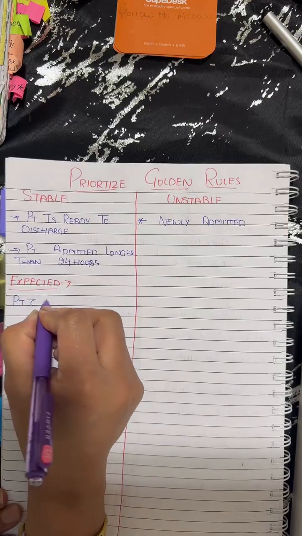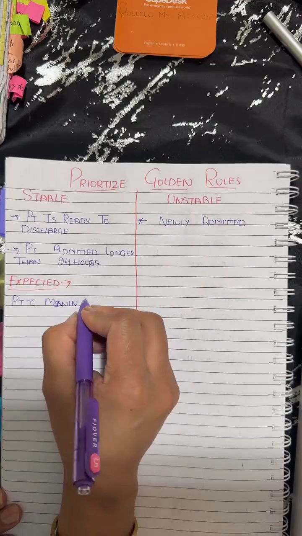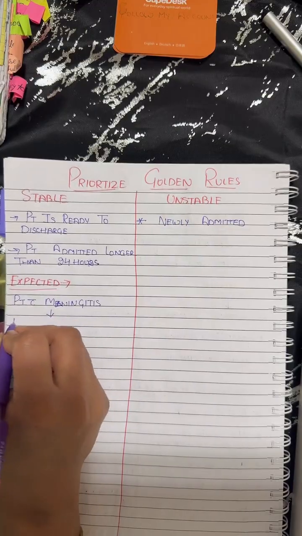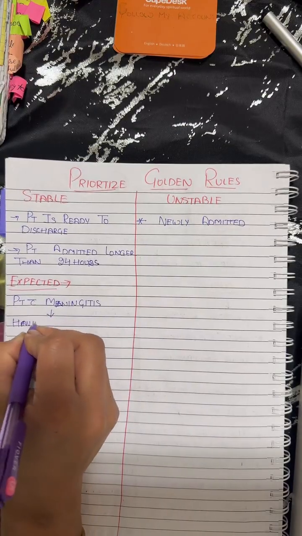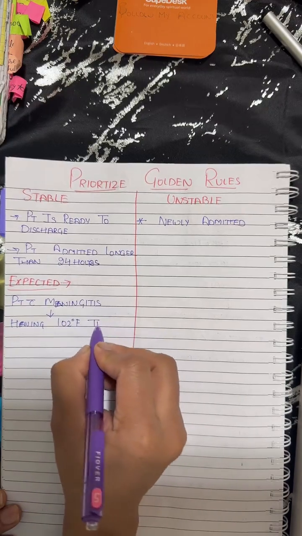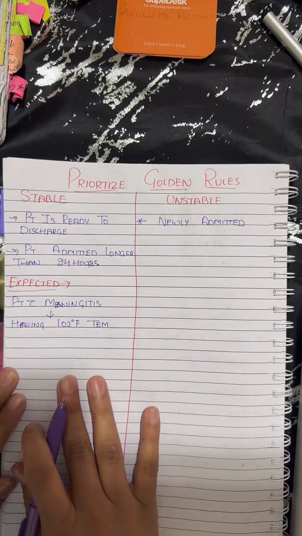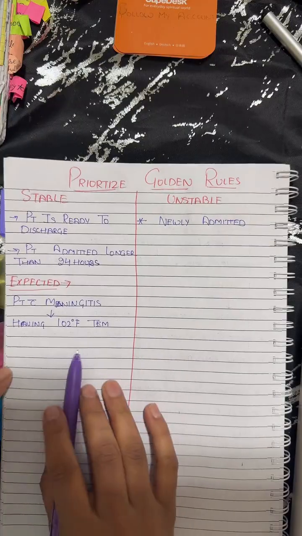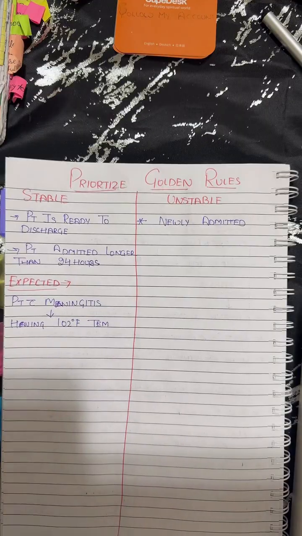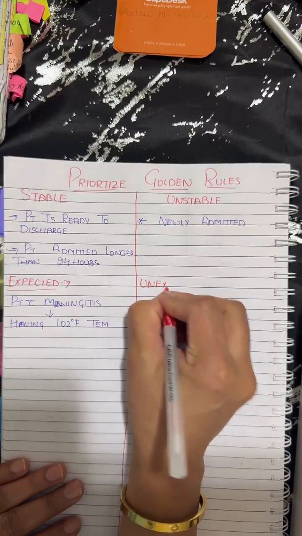So patient with meningitis having 102 Fahrenheit temperature is expected. Don't take it as an unstable patient. Patient with meningitis having 102 Fahrenheit temperature is expected. And here, unexpected.